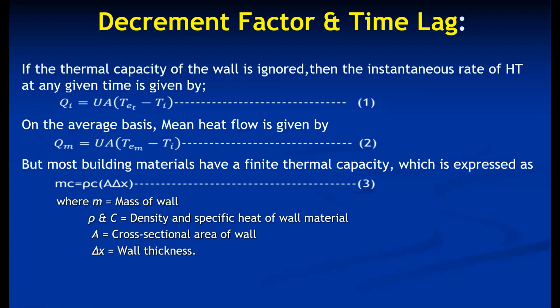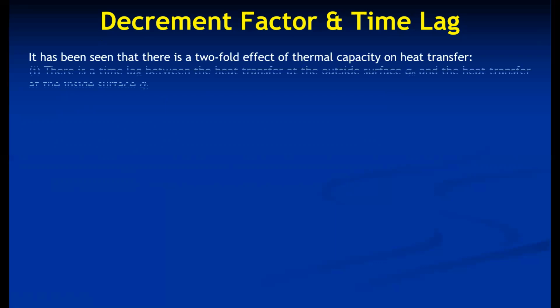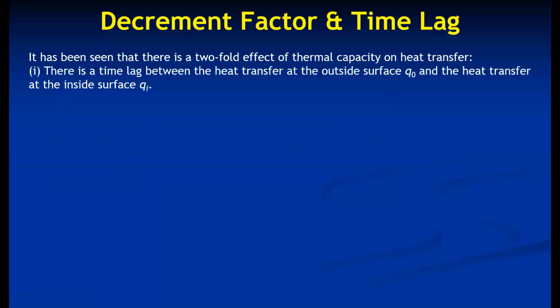When we consider this thermal capacity, it has a twofold effect on heat transfer. The first effect is that there is a time lag between heat transfer at the outer surface QO and heat transfer at the inside surface QI.